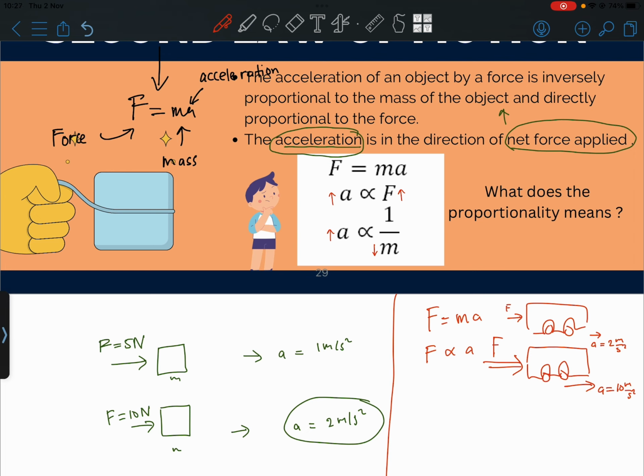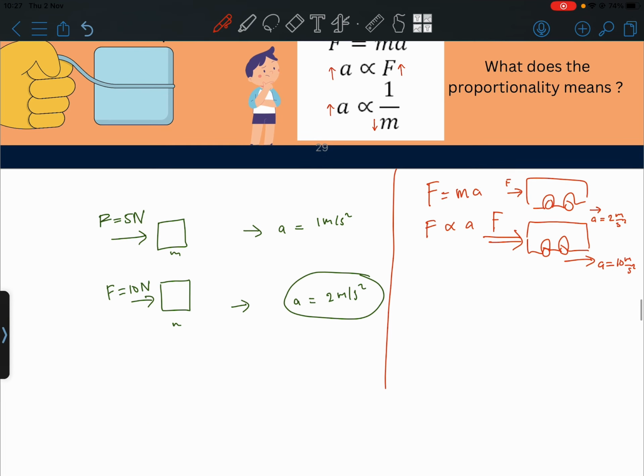The higher the F you apply, the higher the acceleration possessed by the object. Same goes for the relationship where a is inversely proportional to m.